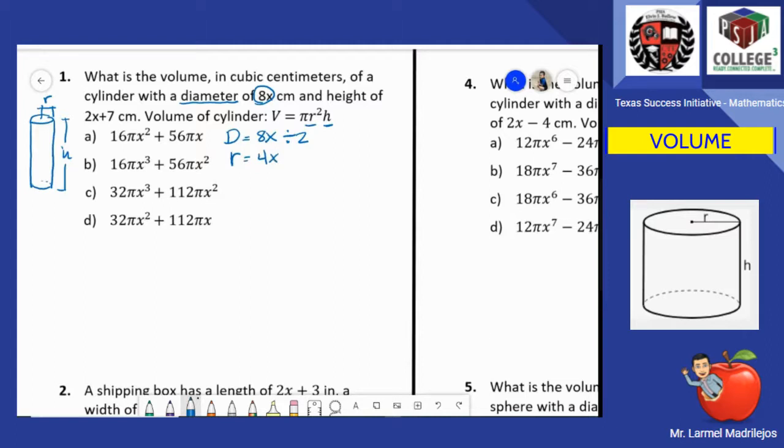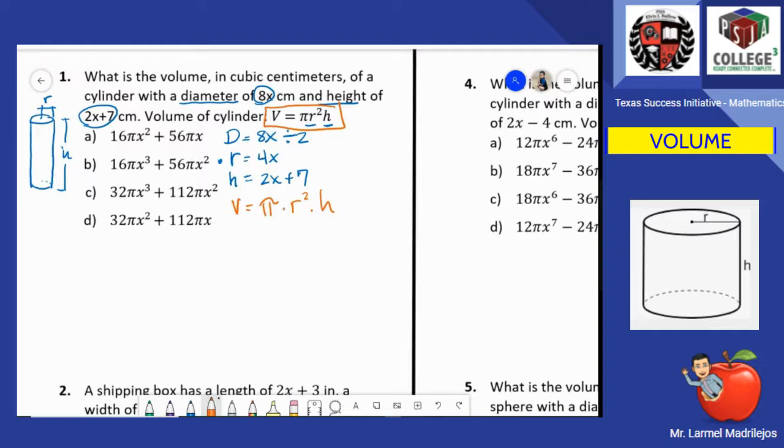And the height, they said the height is 2x plus 7. And they gave us the formula: V equals pi times the radius squared times the height.